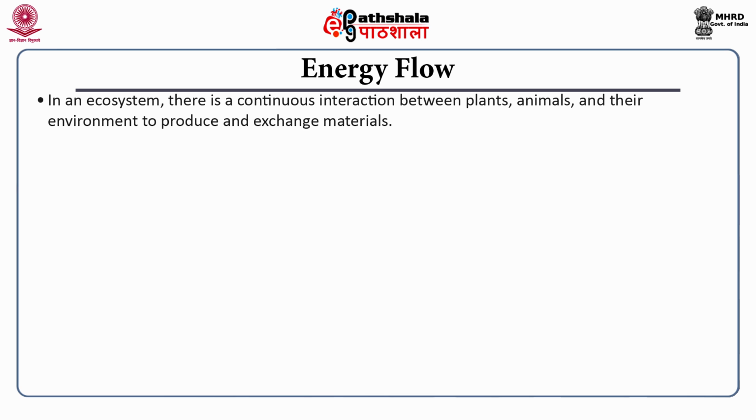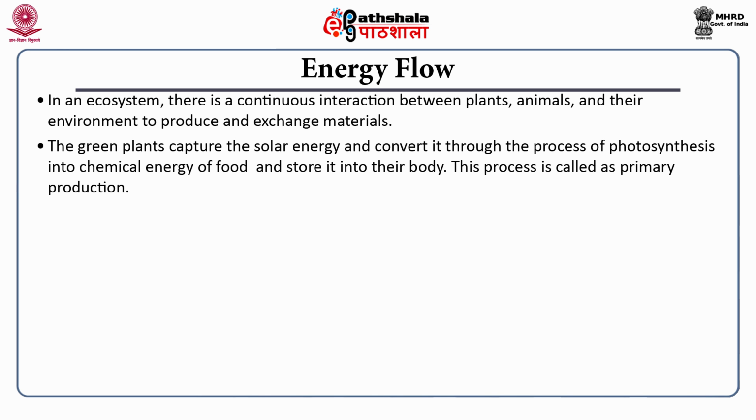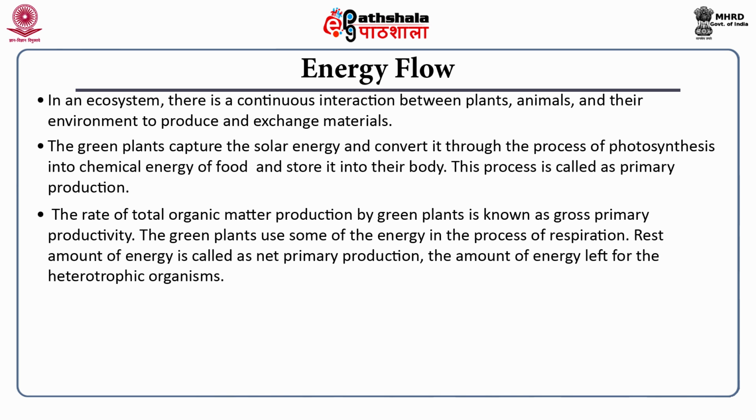Energy flow. In an ecosystem, there is a continuous interaction between plants, animals, and their environment to produce and exchange materials. The green plants capture the solar energy and convert it through the process of photosynthesis into chemical energy of food and store it in their body. This process is called primary production. The rate of total organic matter production by green plants is known as gross primary productivity.